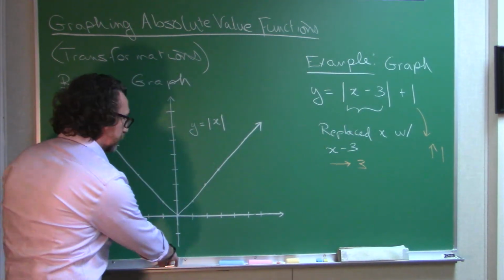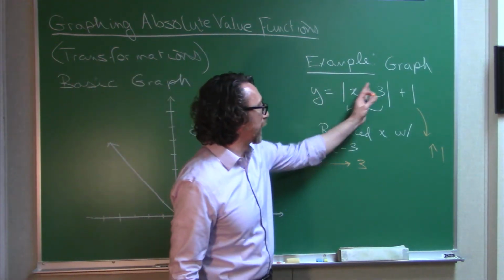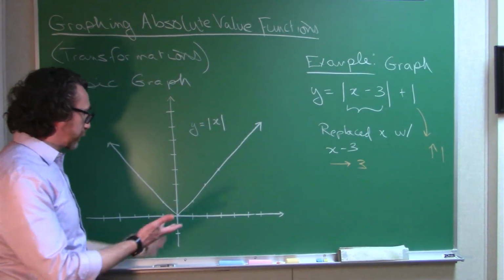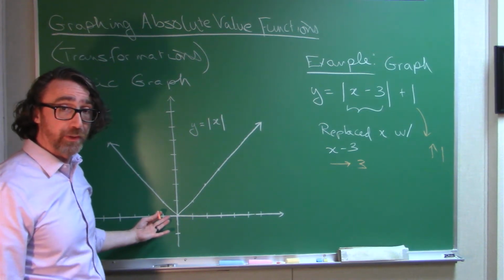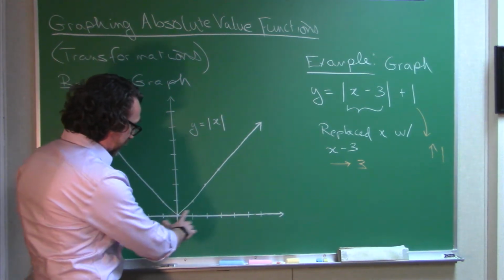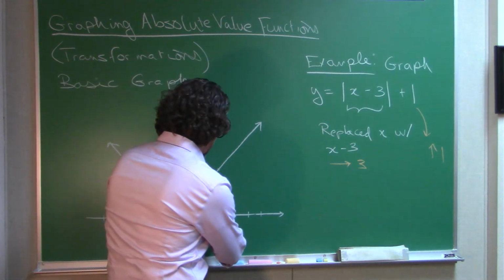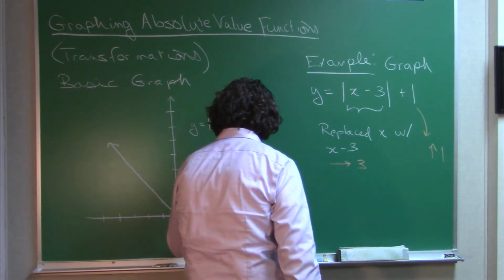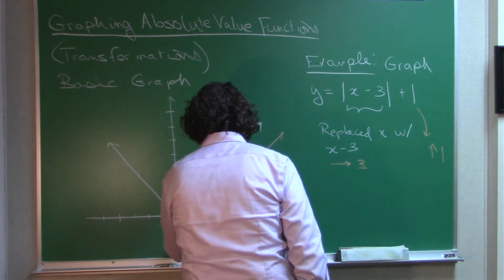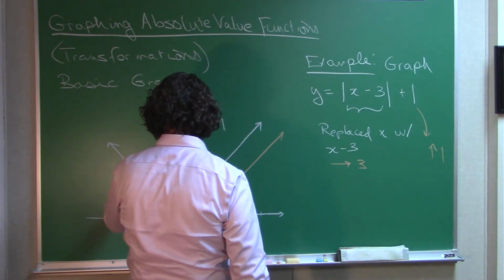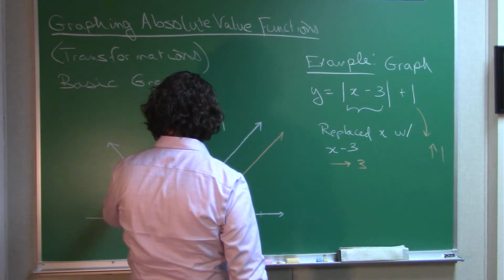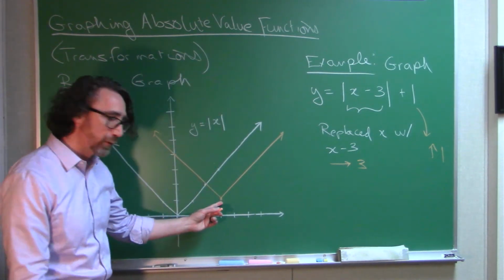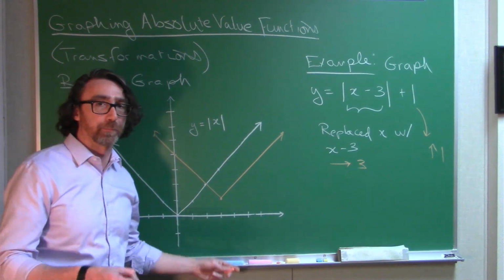So, to get the graph of y equals absolute value of x minus 3, plus 1, I'm going to start with this picture right here, and I'm going to shift the graph 3 units to the right and 1 unit up. So all the corresponding pieces of the graph will also shift. This will be a V shape with the point of the V right here at 3, comma 1.